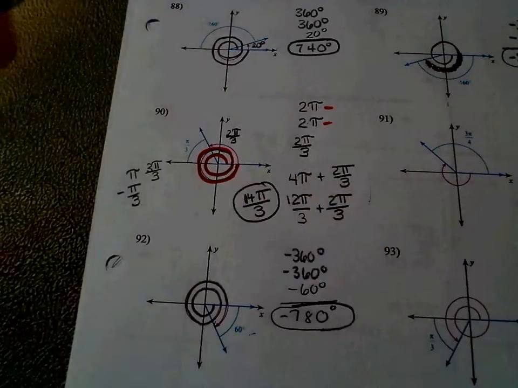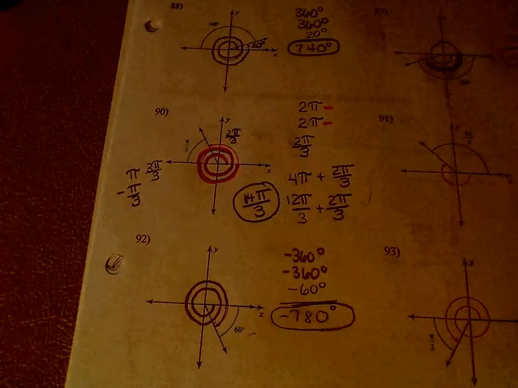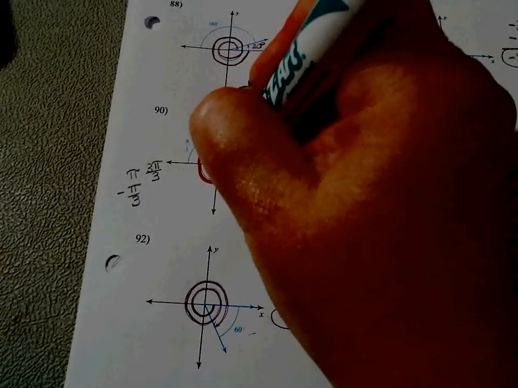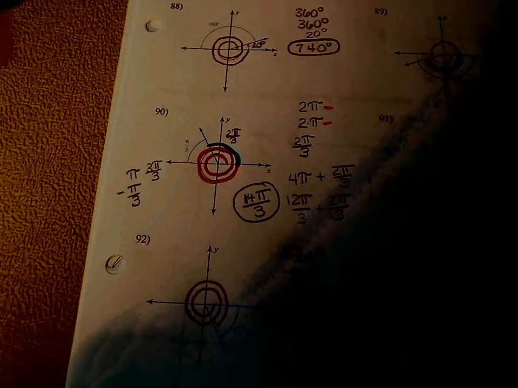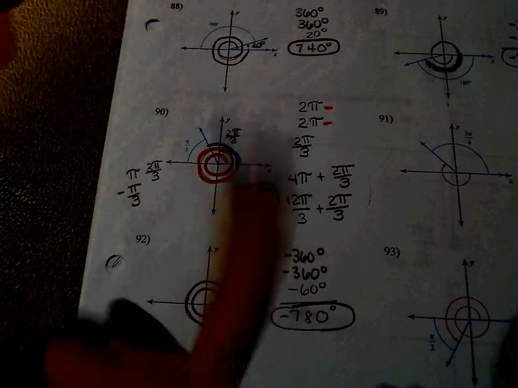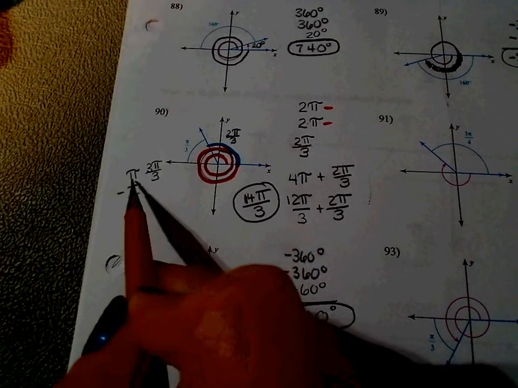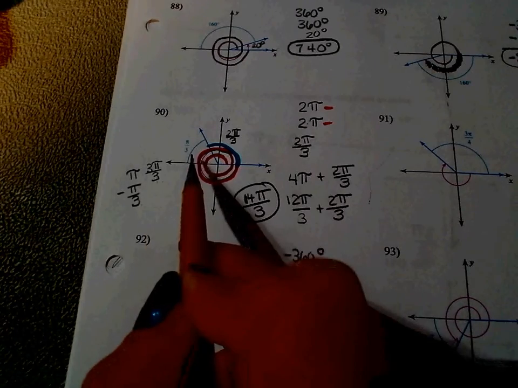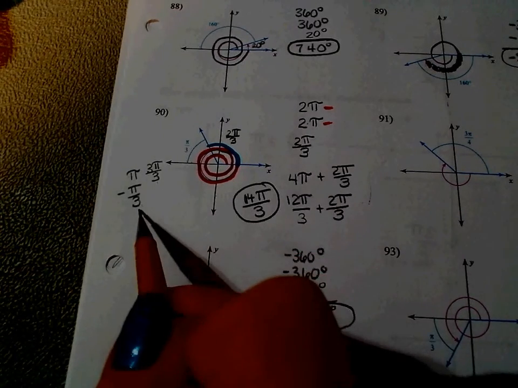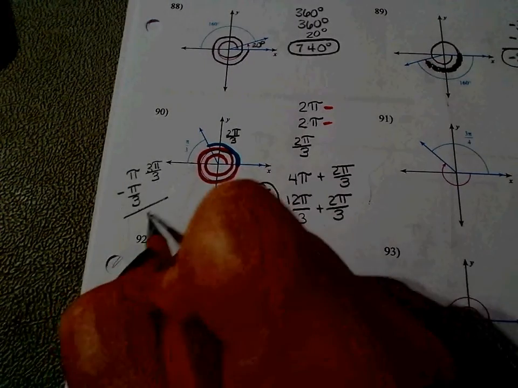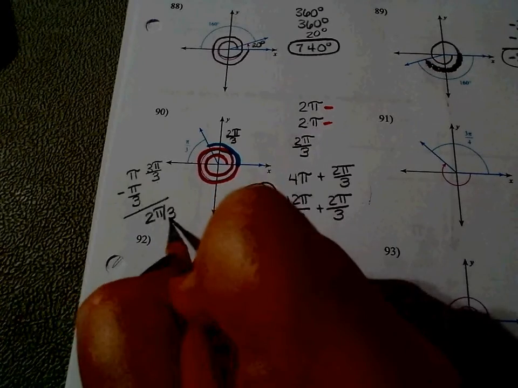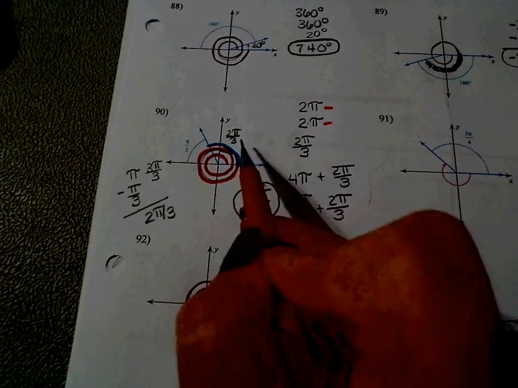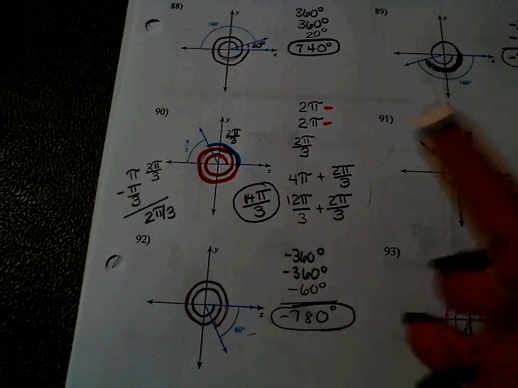Then I've got this little extra bit that I've got to go. And to figure out what that is, I know a whole straight line is a whole pi. Pi is 3 pi over 3. I've got to subtract 1 pi over 3, which leaves me with 2 pi over 3. So this additional part is 2 pi over 3.